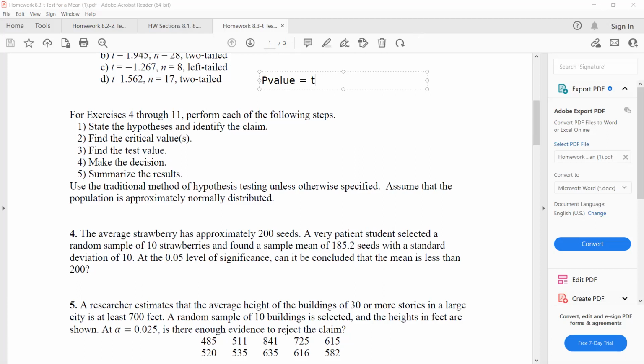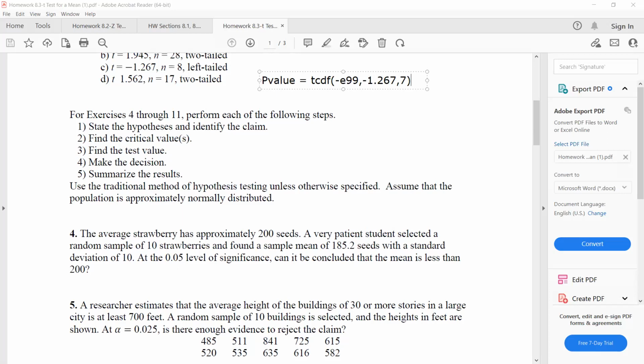So I'm going to have T CDF, and it's going to be from negative infinity, so negative E99 to my t-score, which is negative 1.267, and my degree of freedom is going to be 7. Okay, poke that in your calculator.